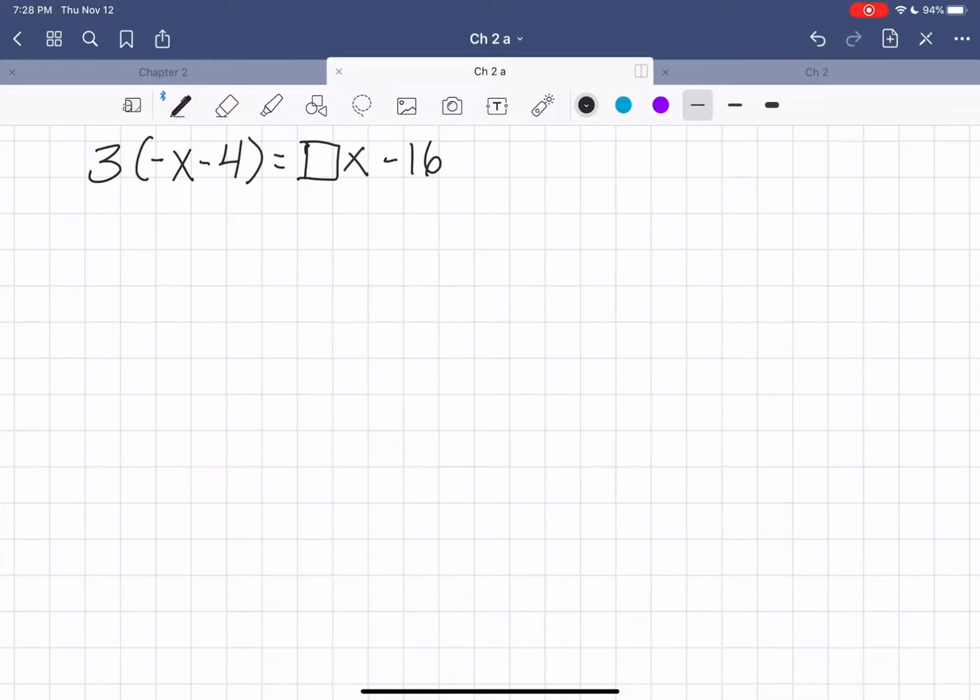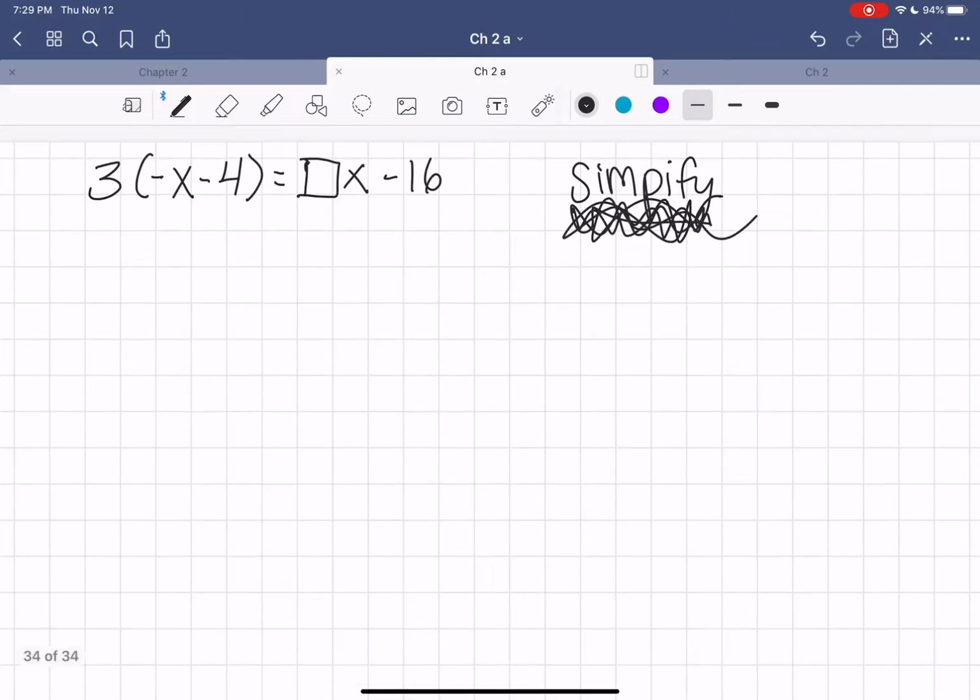So what I need to do is go through this like I'm solving the equation. I need to simplify, just like I did last time.